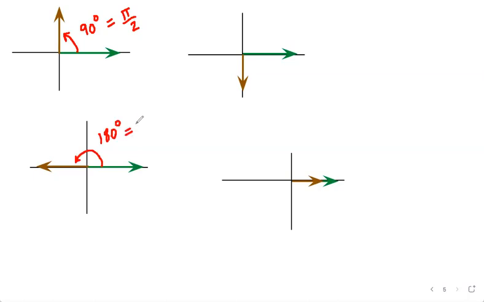And to convert 180 to radians, it must be pi, because 180 times pi over 180, you can cancel the 180 in the numerator and the denominator, and you will get pi only. If you rotate like this, the degree will be 270 degrees and has 3 pi over 2 radians. And for this angle, we rotate it around the XY plane, and this is 360 degrees, and this is equal to 2 pi radians.